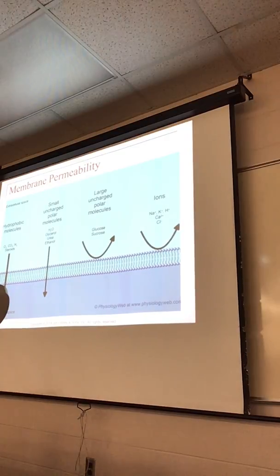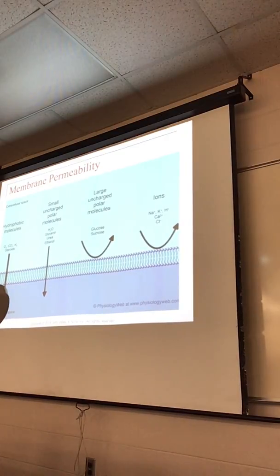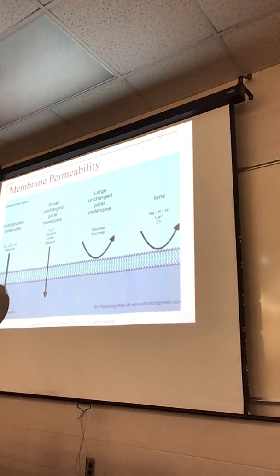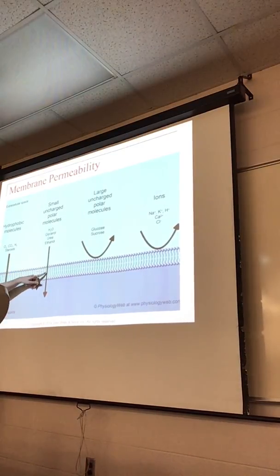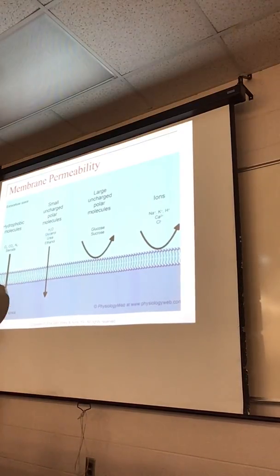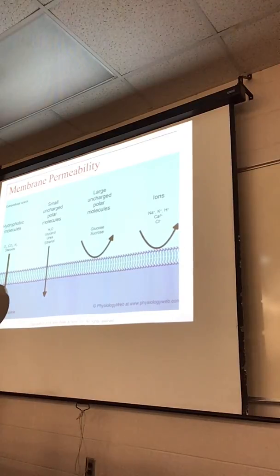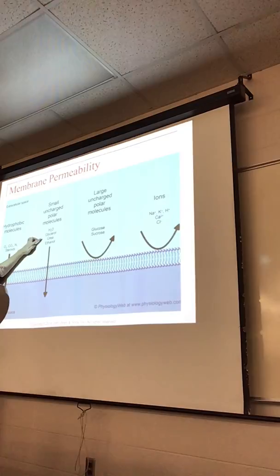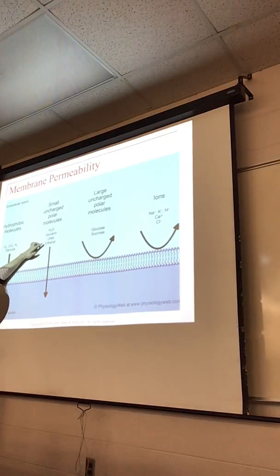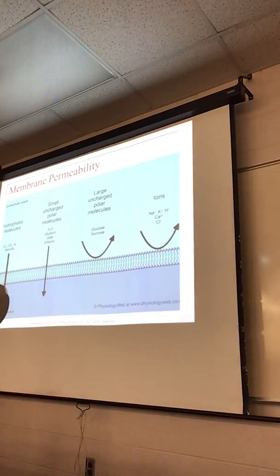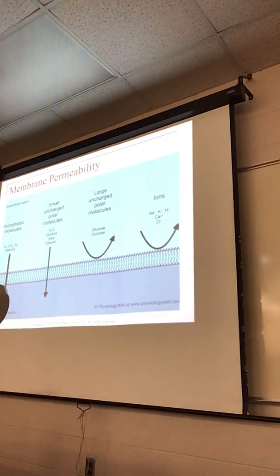They need to be small, period. But they're going to come through very fast if they're nonpolar, because they can dissolve in these fatty acid tails. They're going to come through very slowly if they're water-loving, because it takes them a while to go between these tails. So examples of small, uncharged polar molecules: water, glycerol, which is kind of like the backbone of a fat, urea, and ethanol. They're just small molecules that are polar.